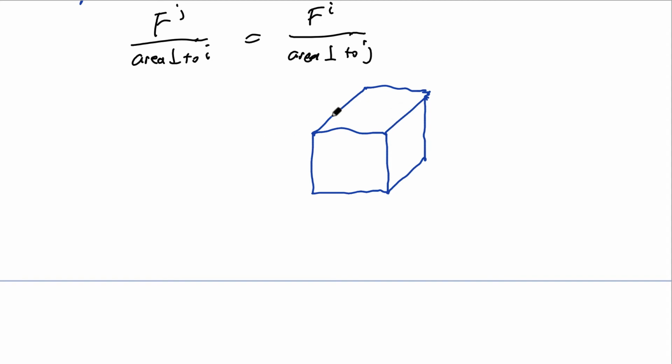Let me draw some of those force vectors. So let's say this is the x direction, this is the y direction, this is the z direction. Then this would be the force that the exterior exerts on the interior, the y component of the force across the face perpendicular to z. And this would be a force in the z direction across a face perpendicular to y. And of course there are forces on the other faces of the cube as well.